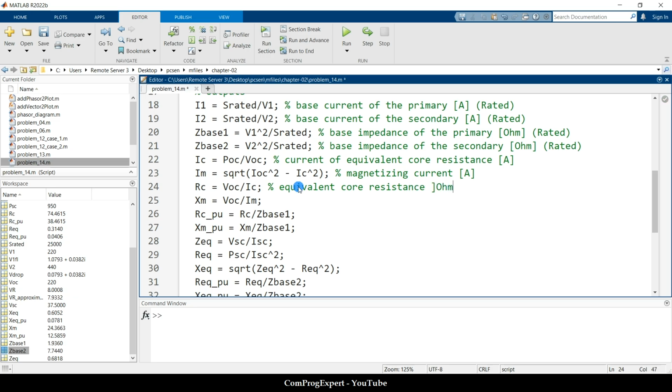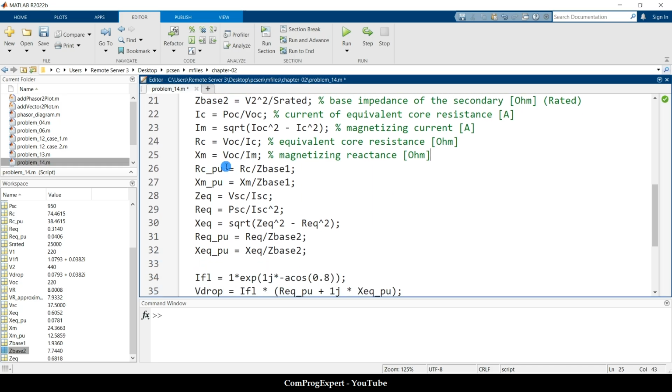The unit is ohms. This is the magnetizing reactance. The unit is ohms. And this is the value of the equivalent core resistance in the per unit format.